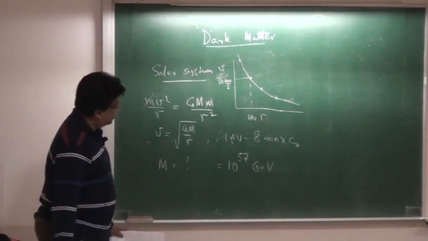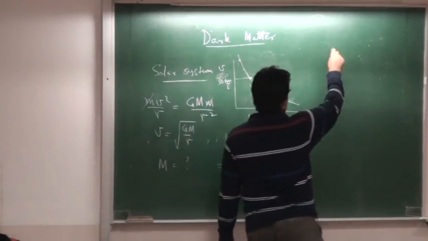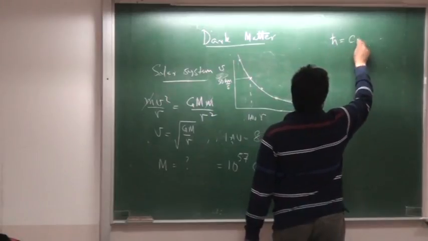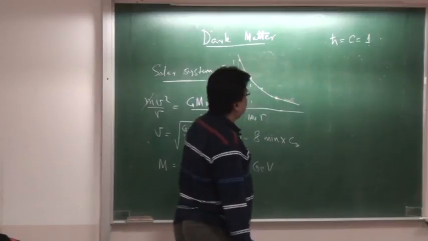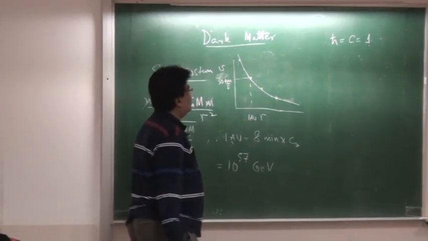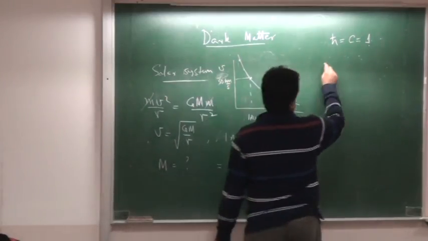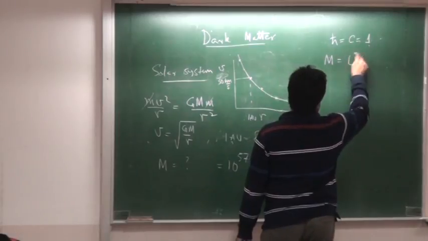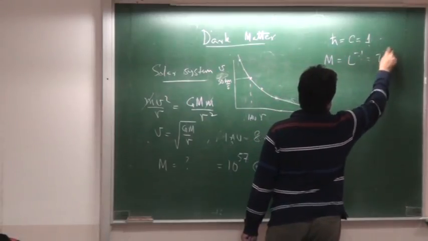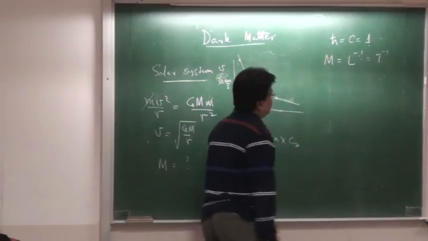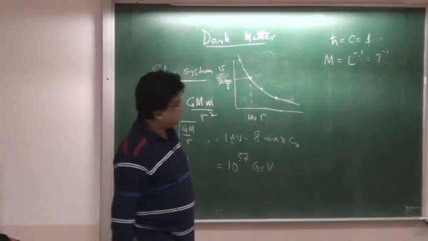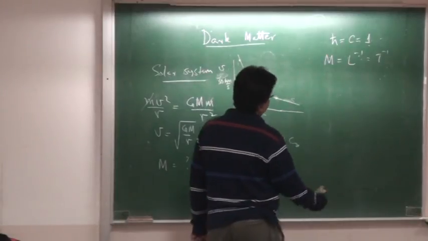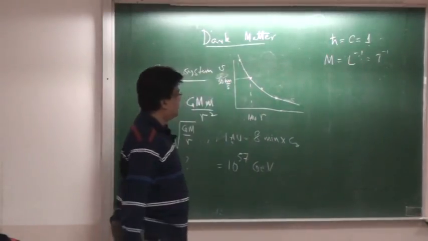So here I will be using units where h-bar is equal to c, set to 1. So the unit of mass will be the unit of length inverse, the unit of time inverse. So some practice on these units, how to convert. Basically your mass will be in GeV and the length will be GeV inverse and so on.